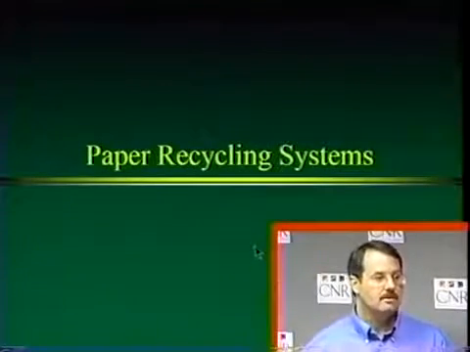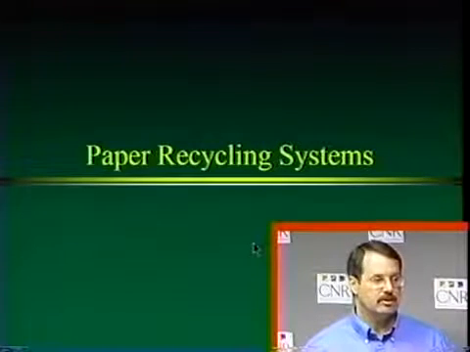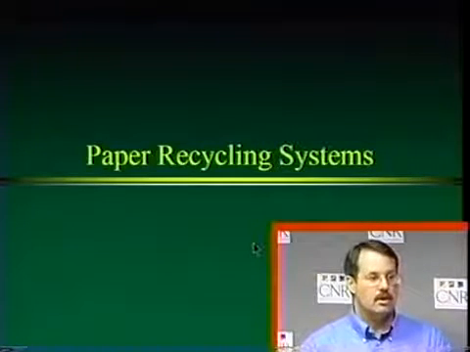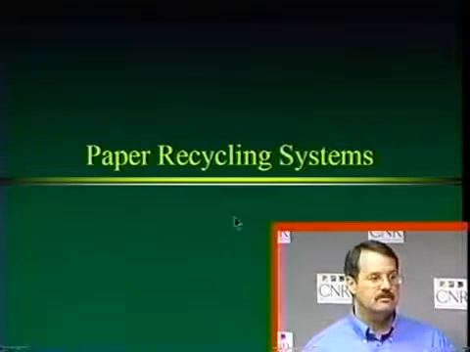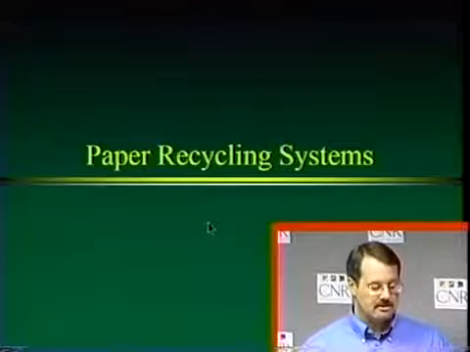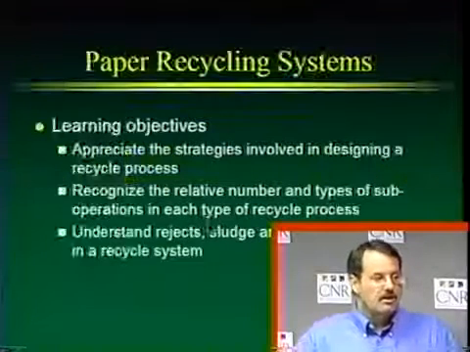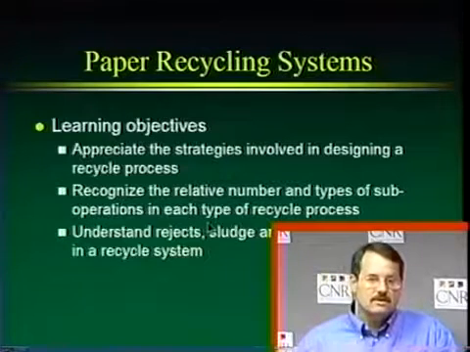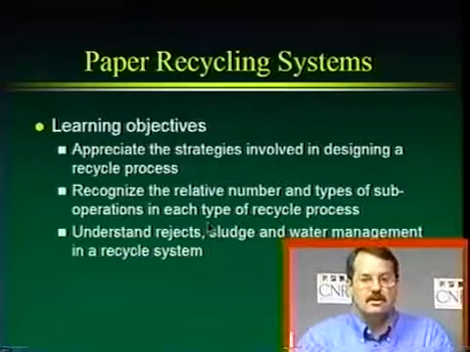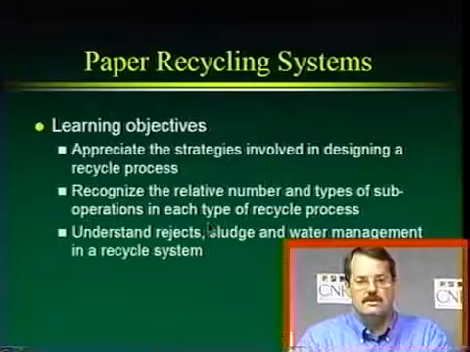Okay, just as a brief introduction, we're going to look at a whole bunch of different things that are involved in designing and making the quality product that we need out of recycled paper. Our learning objectives are, first, to appreciate the strategies involved in designing a recycle process.